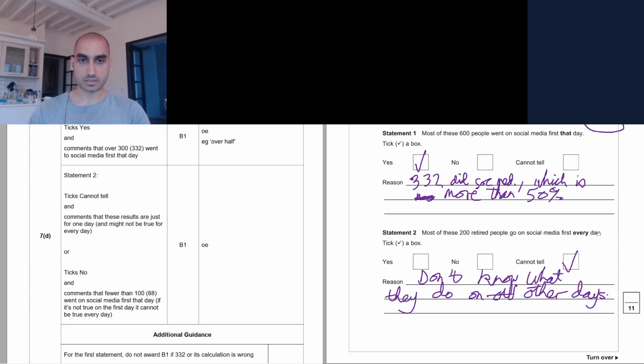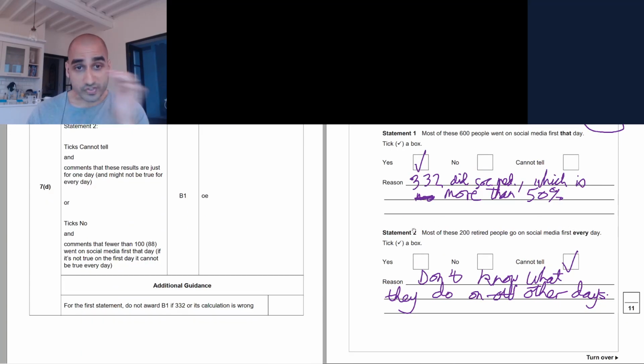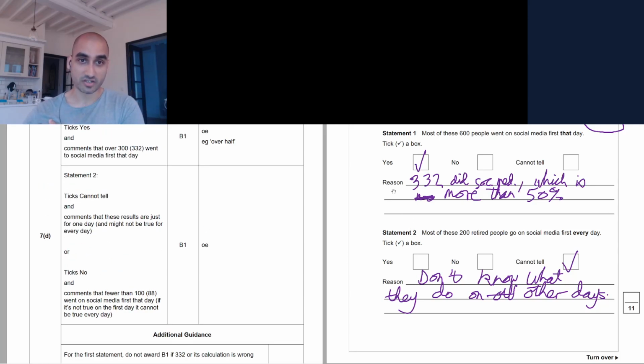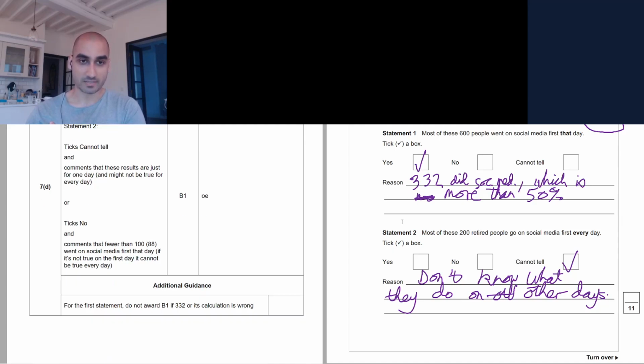Oh, yeah, that's the 2 marks. So you can also tick no. Oh my god. No is actually the correct answer. I mean, I got it. They let you have the answer for cannot tell, but that's quite smart actually.